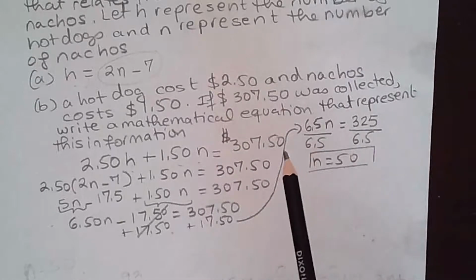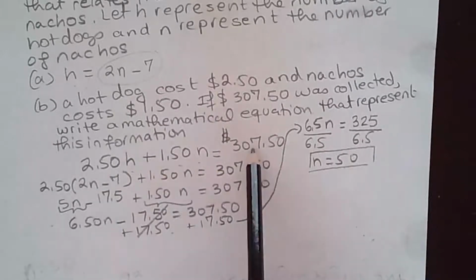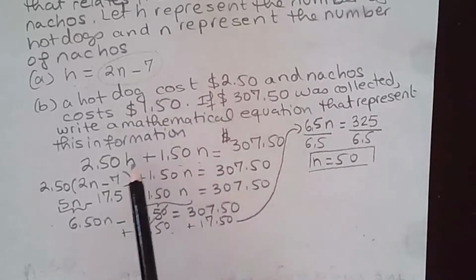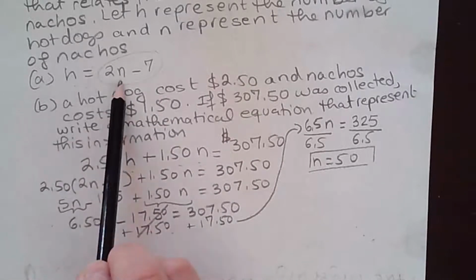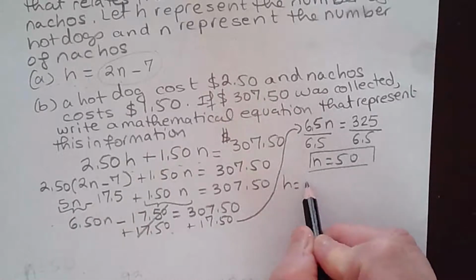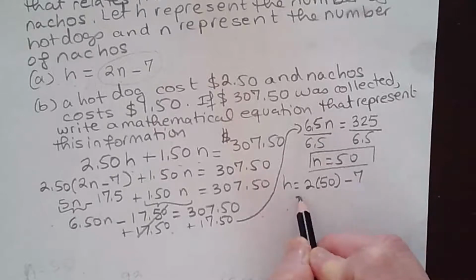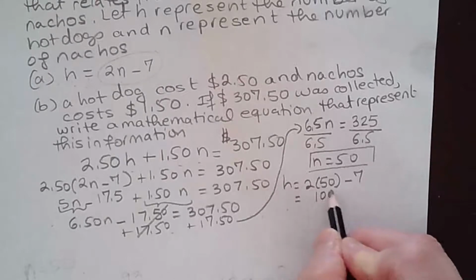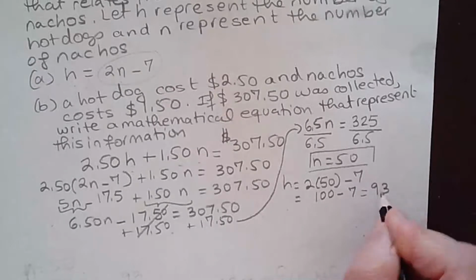H is the number of hot dogs. I can use this equation, but I would strongly recommend using this one. You just plug it in here and you get H. So H is 2 times n, that's 2 times 50, minus 7. So that's 100 minus 7, which is 93.